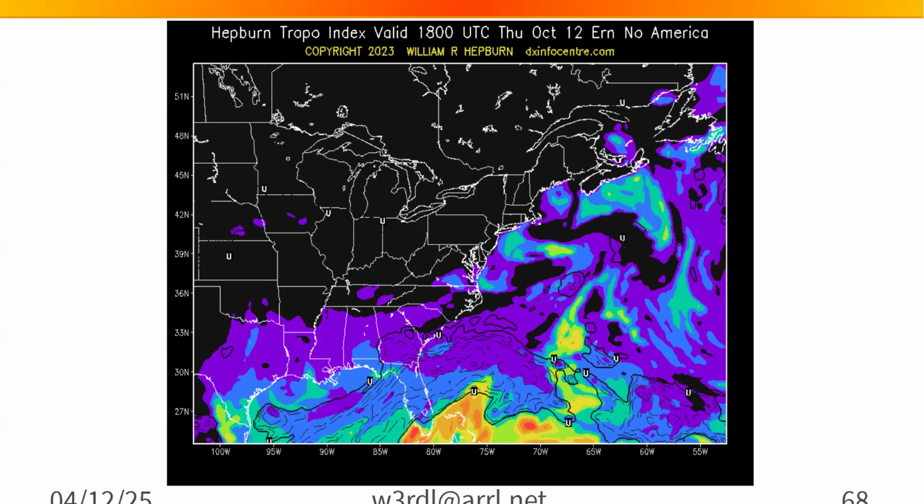You have to have more data on the site to tell you what the different colors and things mean. And it may not be any duct in that particular one anyway. But that's just what a typical Hepburn map looks like. And they update it pretty frequently.